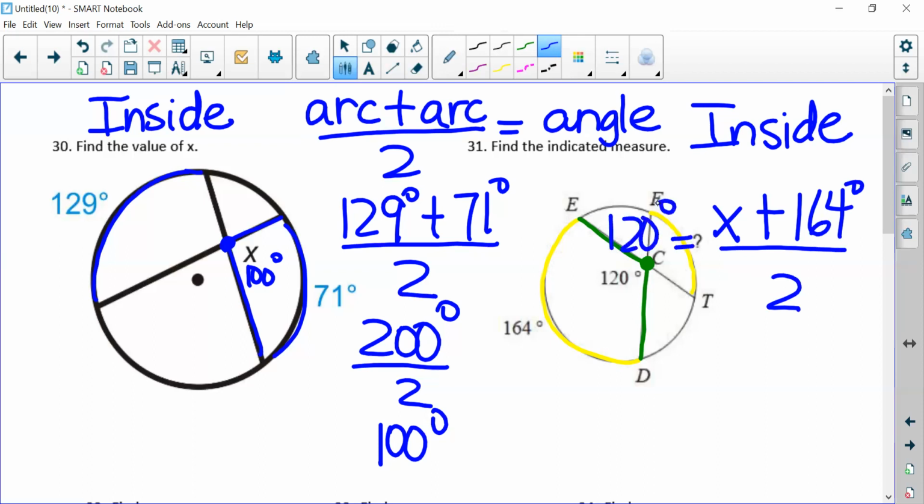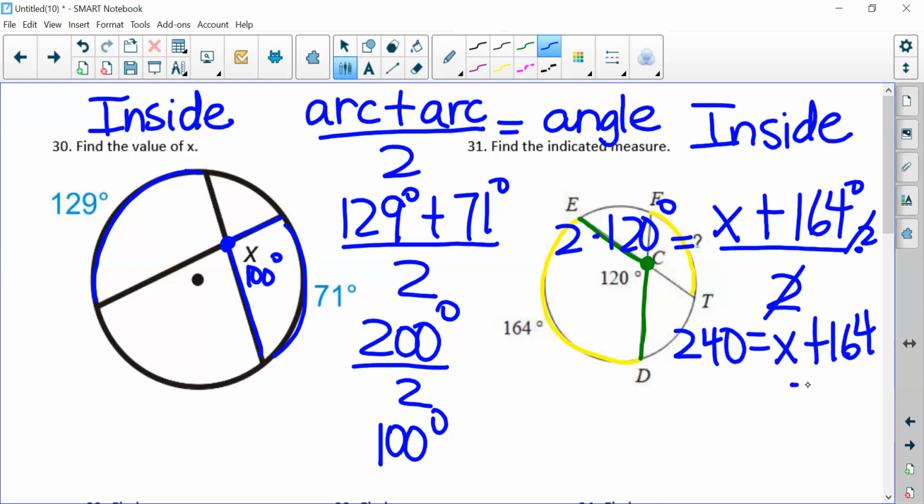Okay. Look, we're trying to solve for X, but look, there's a lot of stuff going on with X. First thing we do is multiply both sides by 2, because we don't want to have to deal with this in fraction form. When we multiply both sides by 2, 2 times 120 is 240. That just makes these two reduce. It's equal to X plus 164. Subtract 164 from both sides.